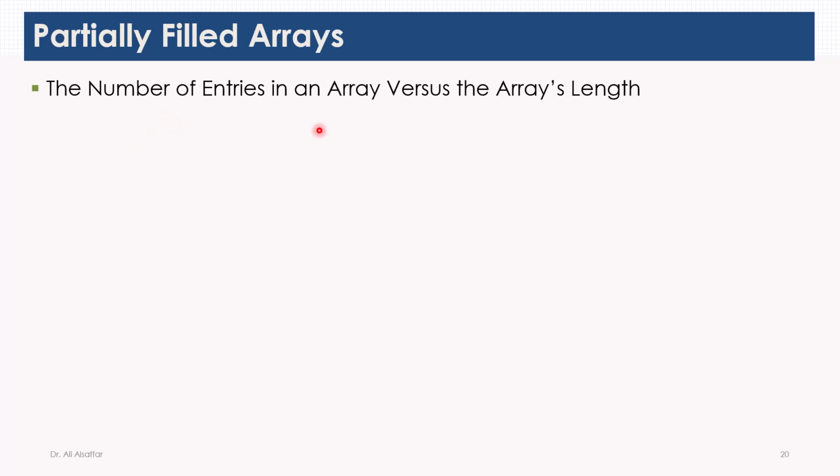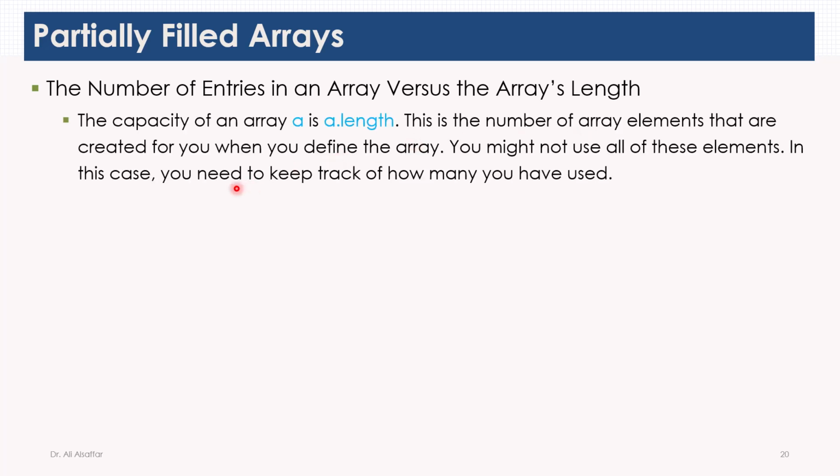The number of entries in an array versus the array's length. Now, when you declare an array, the capacity of the array is in fact its length. So when you write a.length, this is the maximum number of elements of the array, and it's called the capacity. This is the number of array elements that are created for you when you define the array.